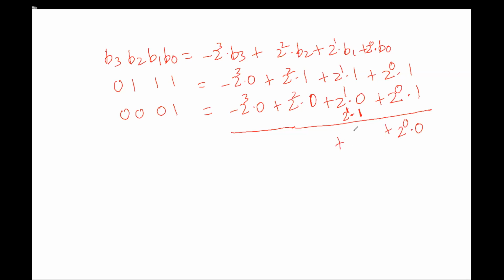So you have 2 power 1 into 0, and you have 2 square into 1, and 2 square plus 2 square is 2 cube. So you will have a 2 cube one here, and here you will have 2 square into 0, and then you have 2 cube.